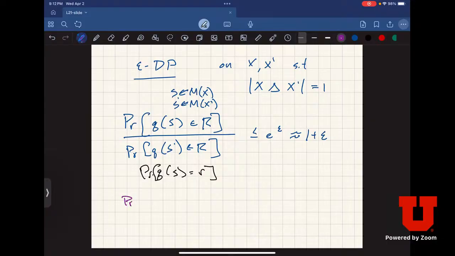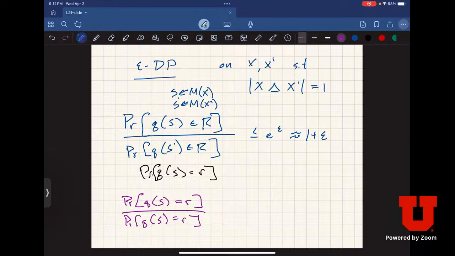So a simpler way to think about this is that the query value, the count over some range, is equal to some value R. Think of this as the likelihood instead of the probability, but I'll just write the probability down, for S prime equal to some value R. So look at the ratio of these two things.